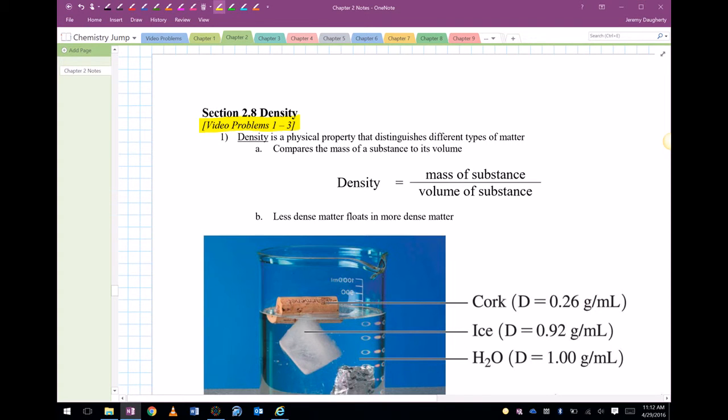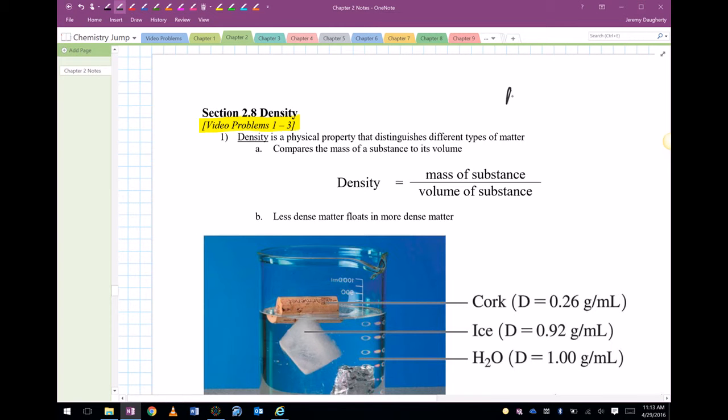Video problems are just simple examples of calculations that are in that particular section. In this case, we're talking about video problems 1 through 3, and they're all on density. Density is a physical property, which means that I can use density to distinguish types of matter.